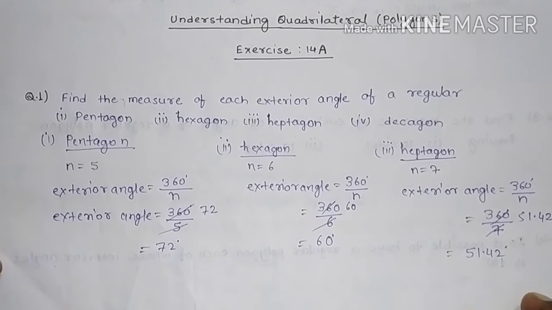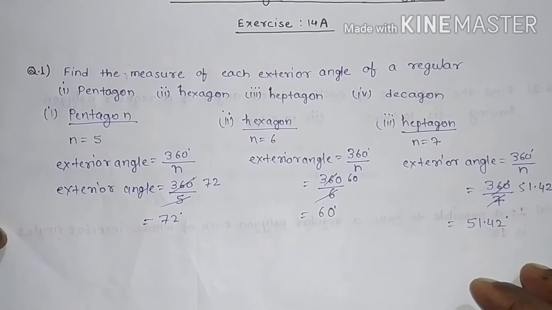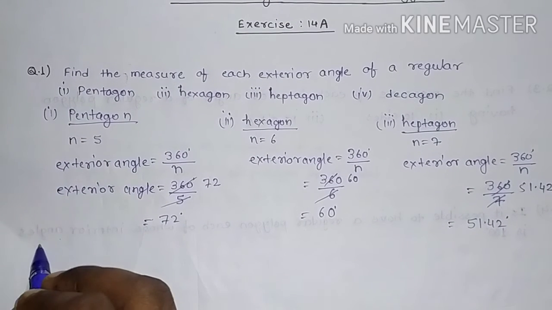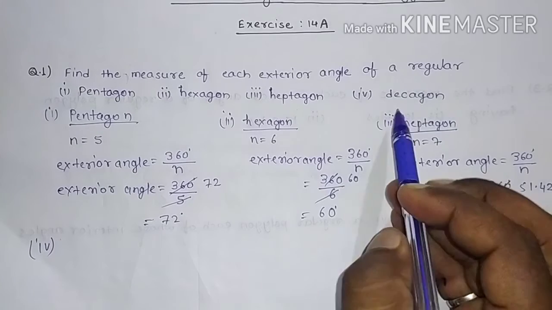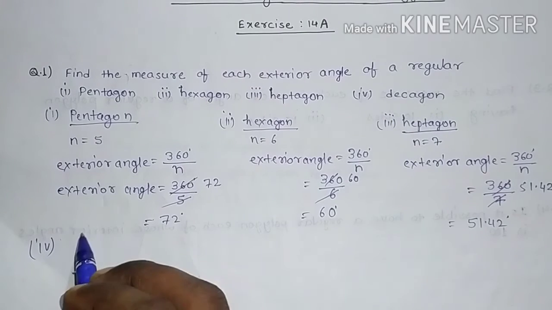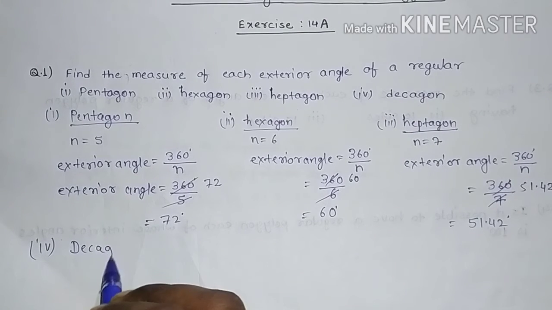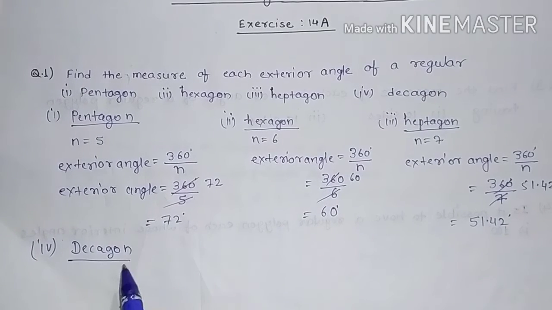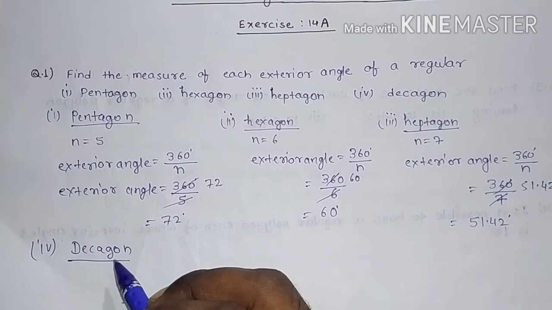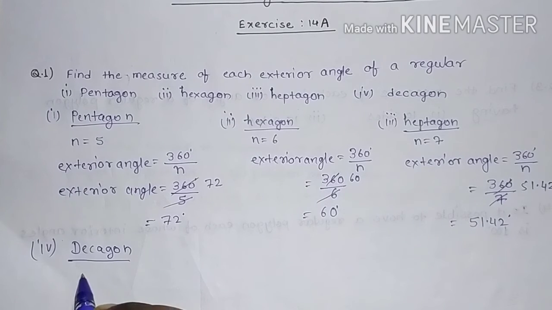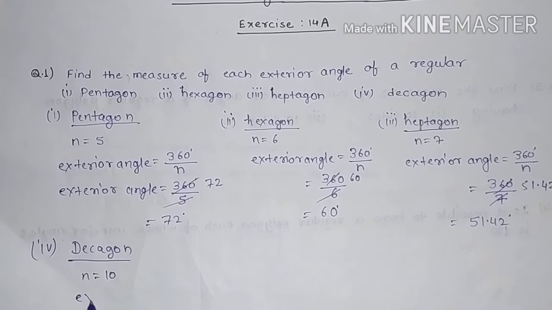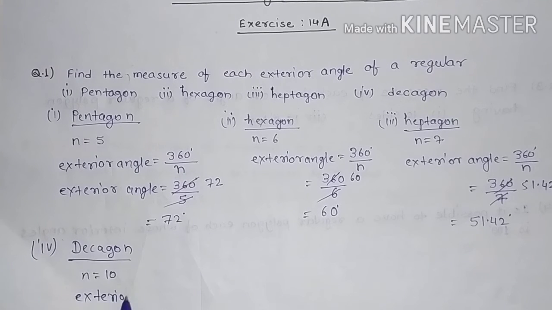Similarly, question number 4: a decagon is given here. We know that the number of sides in a decagon is 10, so n equals 10. Now we have to find each exterior angle.